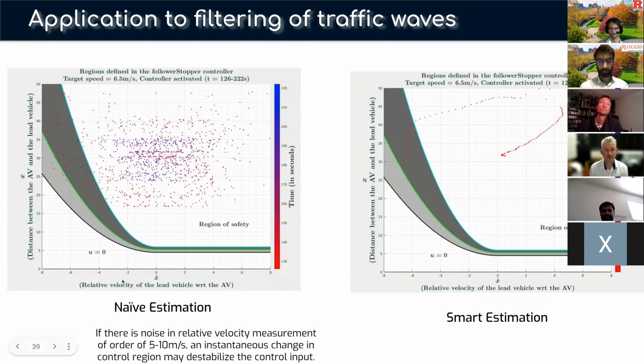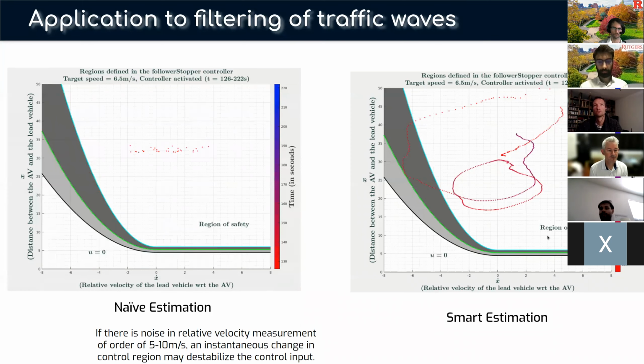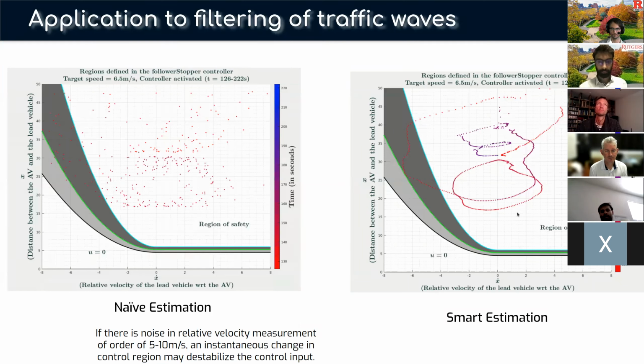If we have bad estimations, we get really bad control behavior, as you can see from the phase space plot of the follower stopper. However, if we do the estimations well, then our control command is also very smooth, and we do not get unrealistic control behavior.